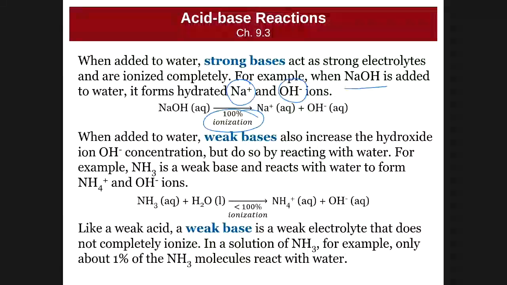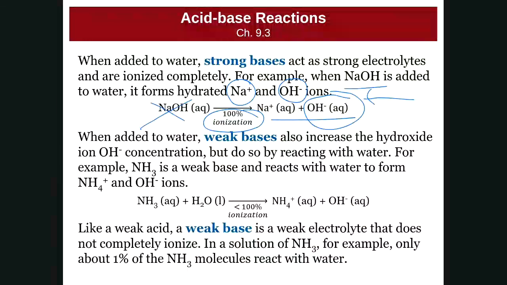You won't have any sodium hydroxide technically left over. It will all be ionized. When added to water, weak bases also increase the hydroxide ion concentration, but they do so by reacting. So we increase the hydroxide concentration by producing hydroxide, as you see here with sodium hydroxide.